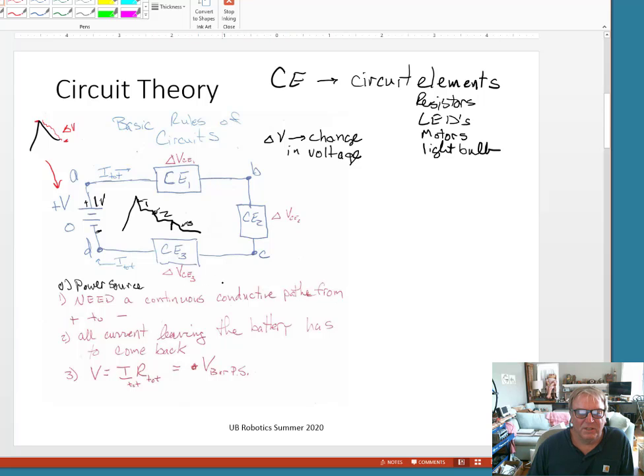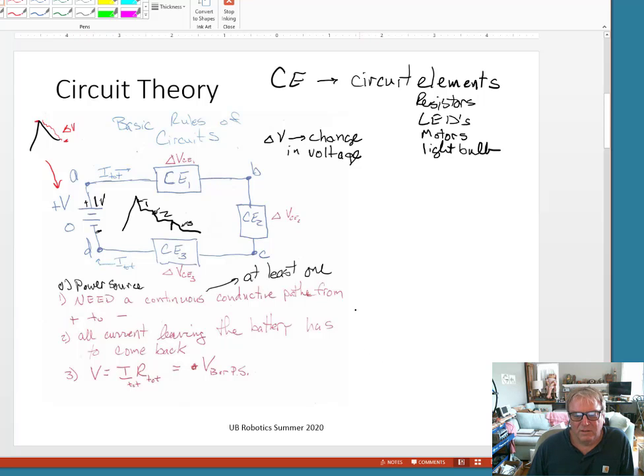We can say that we need at least one, because we're going to see you could have more than one. So we can follow this blue line all the way around. We start at the positive terminal of the battery, and we return to the other end.